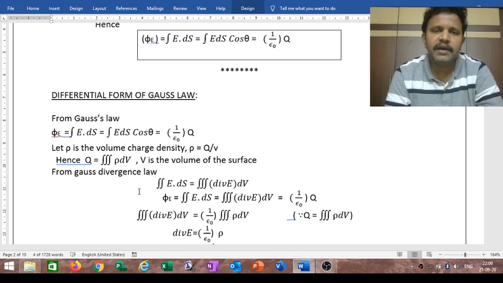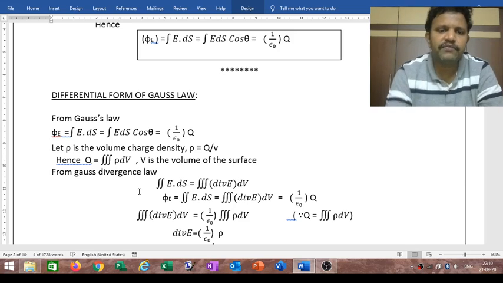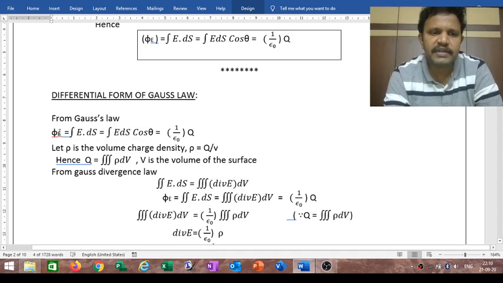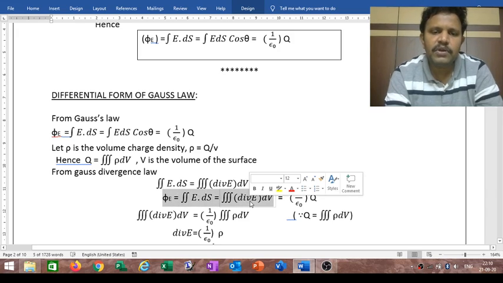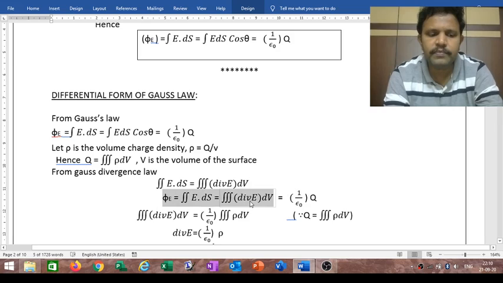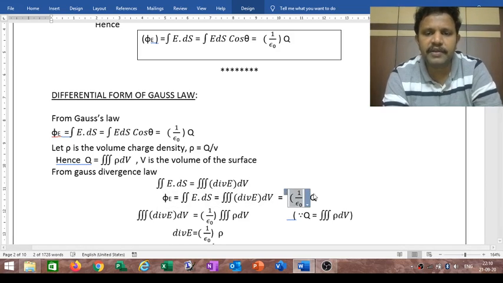That is, the surface integral over s of E dot ds is equal to the volume integral over v of div E dv. Therefore, using these two equations, that is Gauss law and Gauss divergence theorem, we can write phi is equal to integral E dot ds is equal to q by epsilon naught.